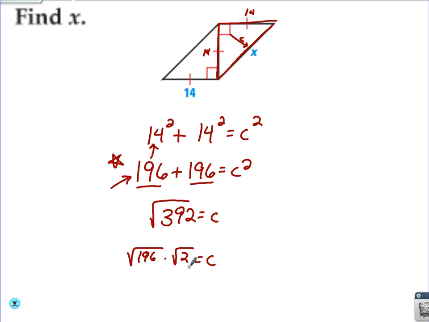Wouldn't that be the easiest way to do it? And I know that the square root of 196 is 14. So I know that C is equal to 14 root 2. Or if you want to approximate, that's nearly 20, isn't it? 20 times 20 is 400, so I'd say it's 19 point something. 19.8. Is that right? Awesome.